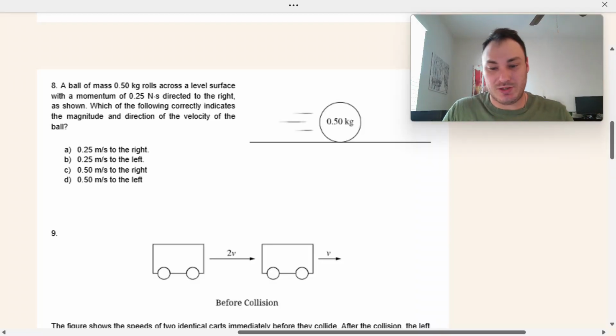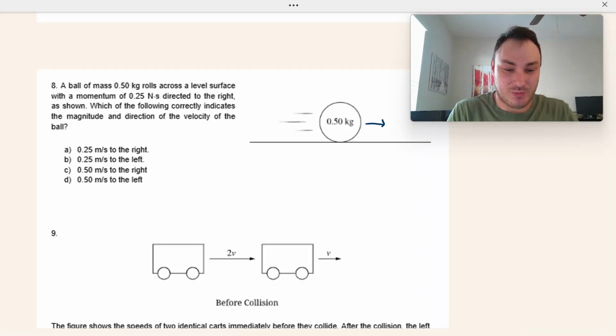This one seems really easy. Okay, it's got a momentum of 0.25 and a mass of 0.5. Momentum is just mass times velocity.